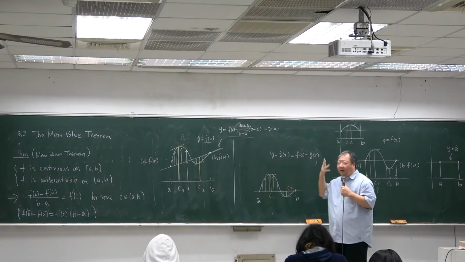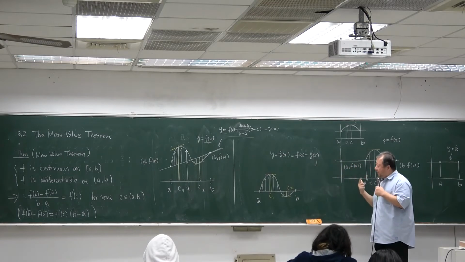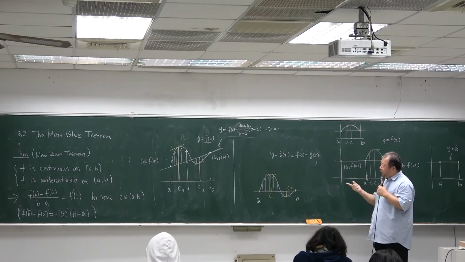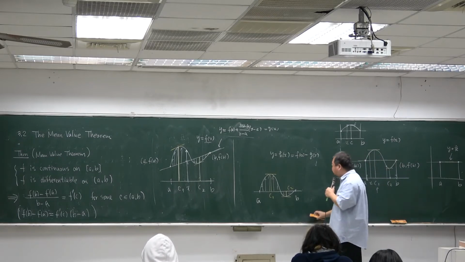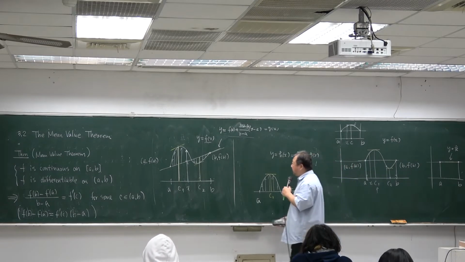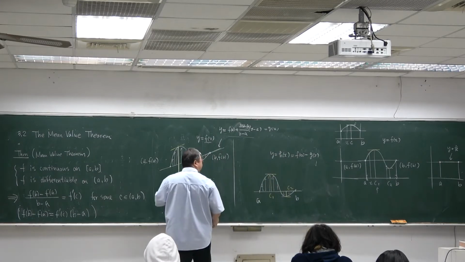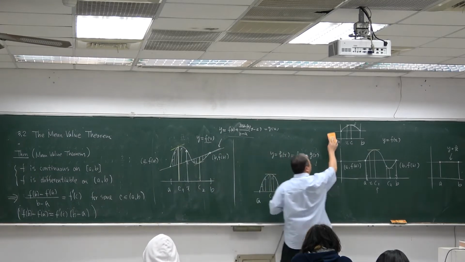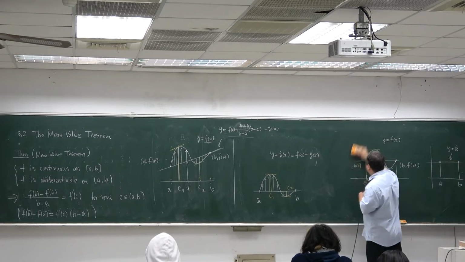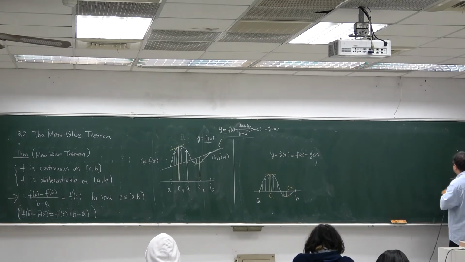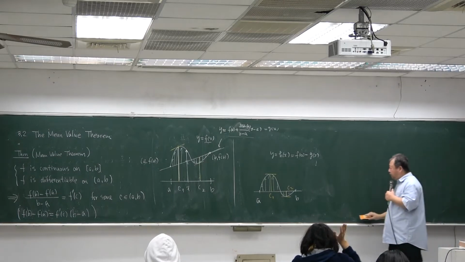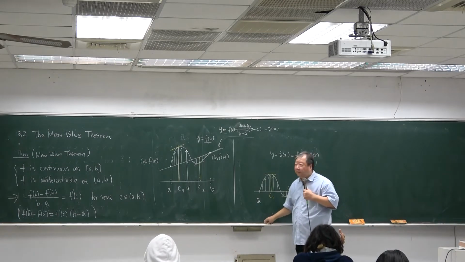This is the idea: to use Rolle's theorem to prove the mean value theorem. Let's do this. Since the proof is easy, I will show the proof here.